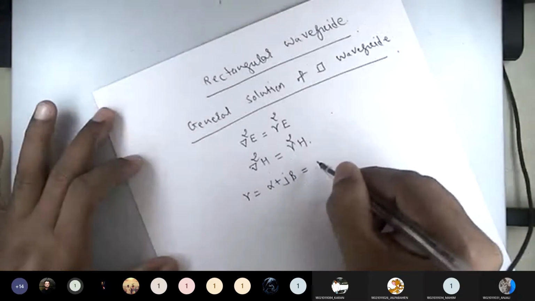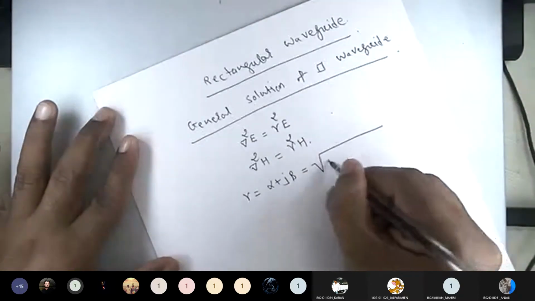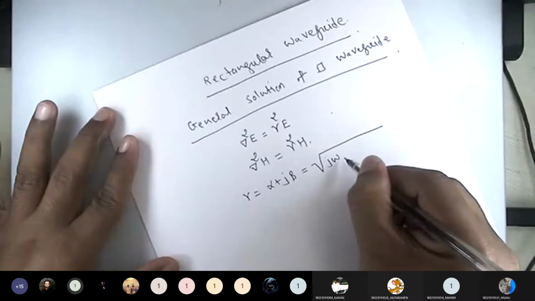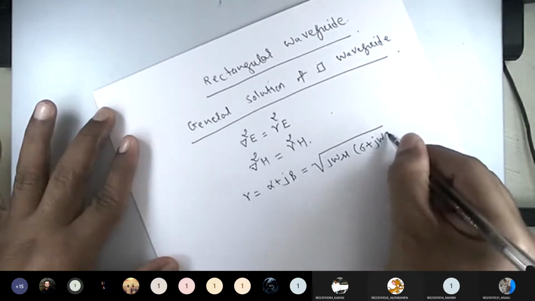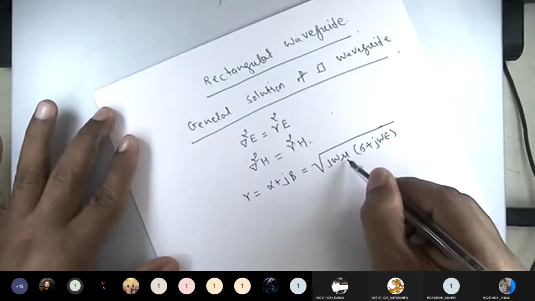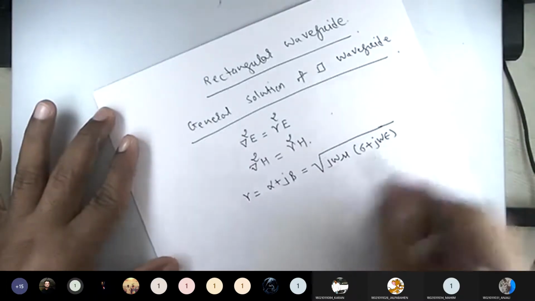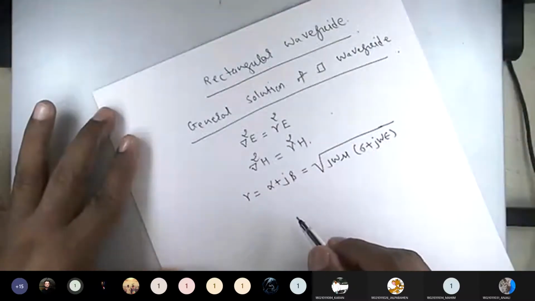And we have also seen from our electromagnetics class that this gamma can be expressed as the square root of j omega mu times sigma plus j omega epsilon, where mu and epsilon are the permeability and permittivity of that medium, while omega is the angular frequency.